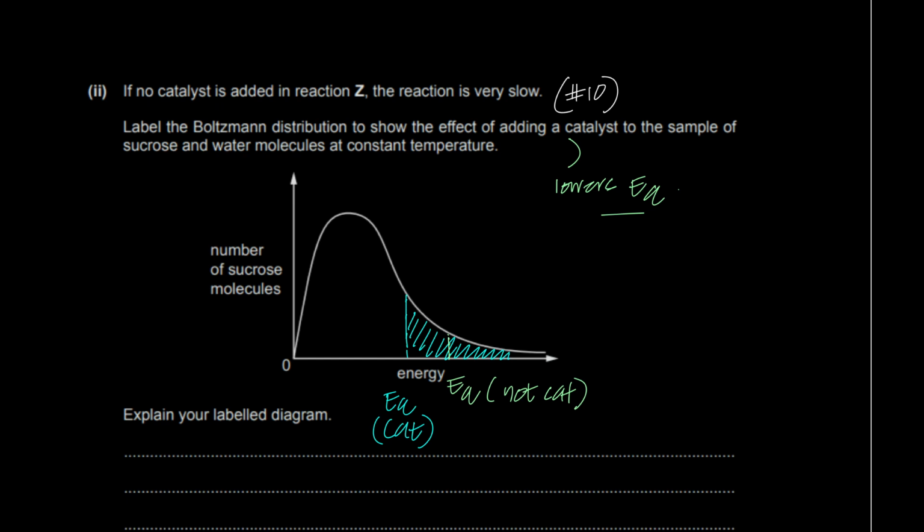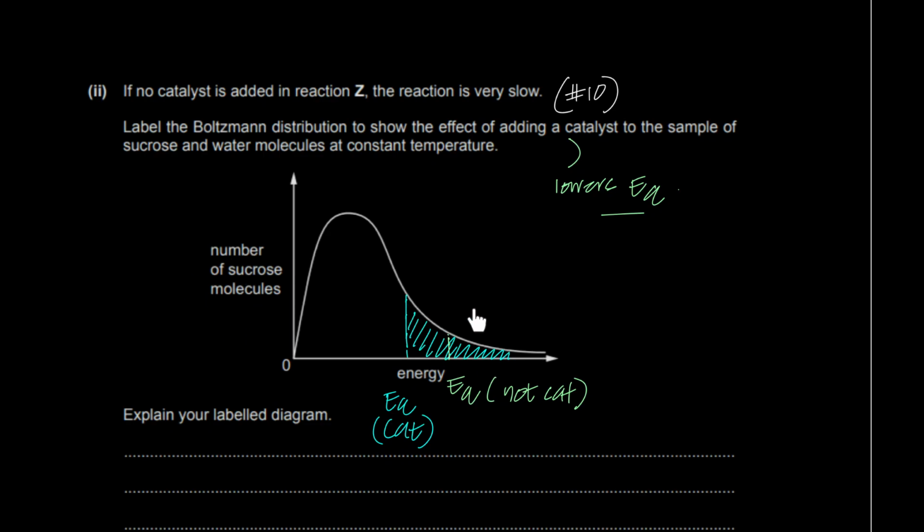So the idea is, when you add a catalyst, nothing happens to the Boltzmann distribution graph. The only thing that happens is that the EA shifts to the left because the EA actually lowers. It decreases since an alternate pathway is basically given, right? So what do we say? The shaded area basically represents the number of sucrose molecules with that energy, doesn't it?